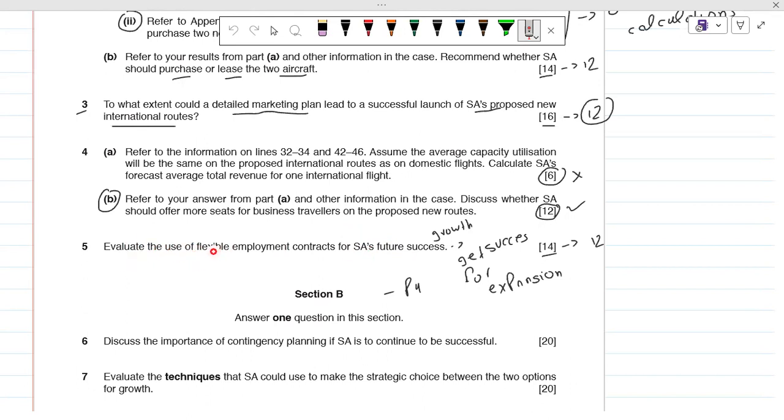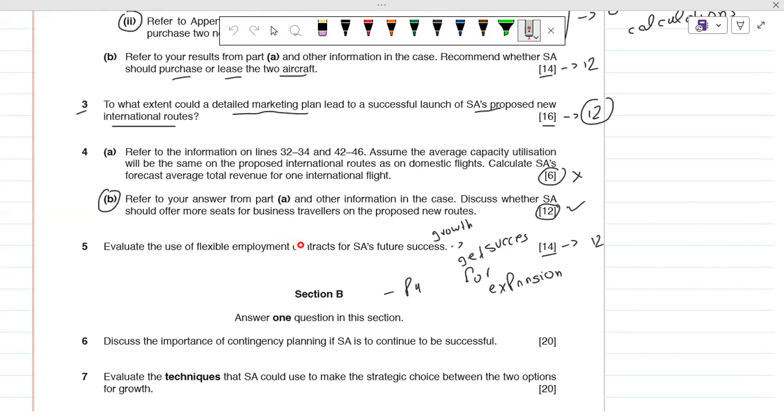In this question, we are going to discuss the positive points of flexible employment contracts and also the negative points, and how these positive and negative things will impact the future success of SA business. And we know that SA is going to expand.